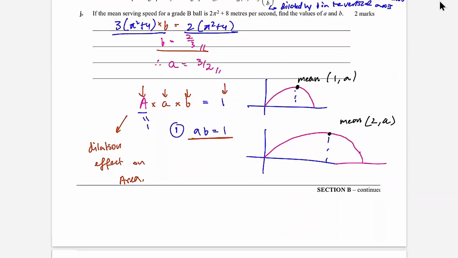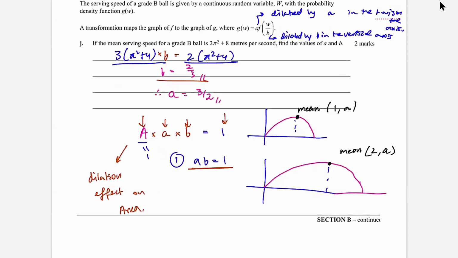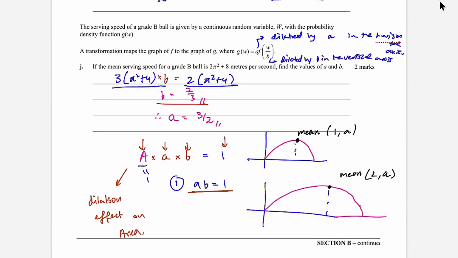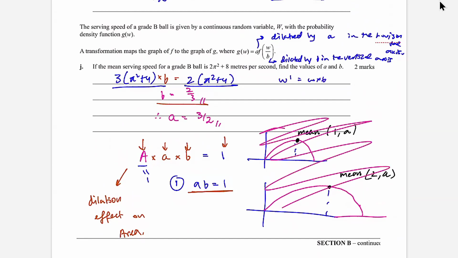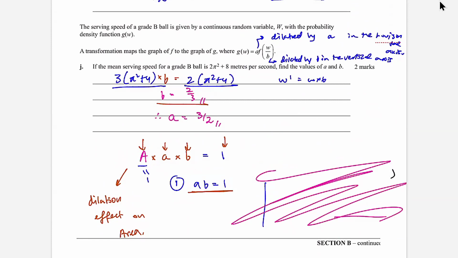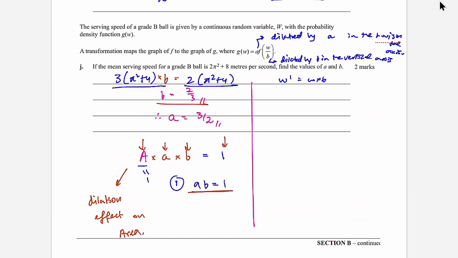You can also take an integration approach as well, which is if we know that our transformation is W prime is W times B. So I'll clear this graph. Then B is going to be our new upper bound, like our new domain value. And 30B is going to be the other value.